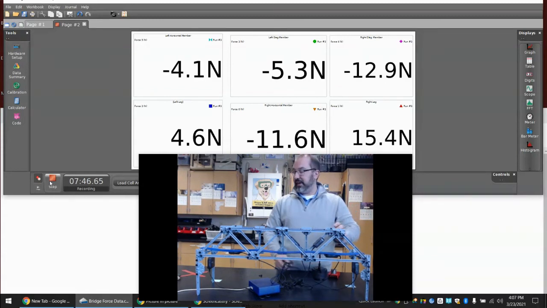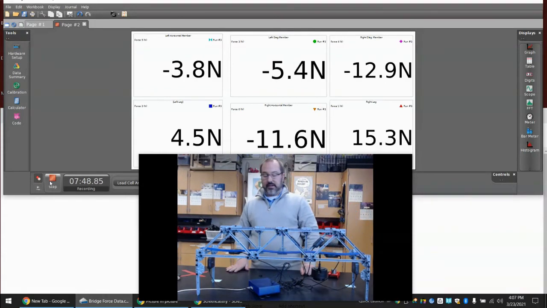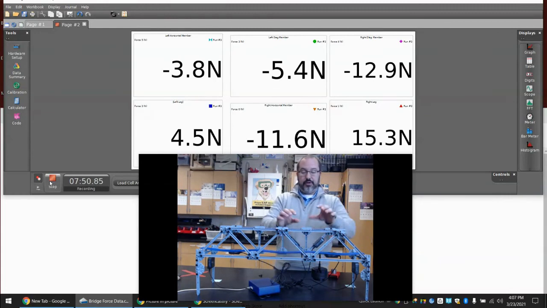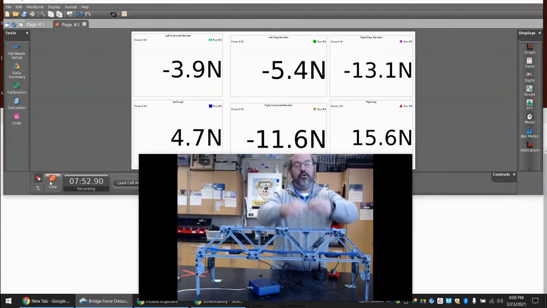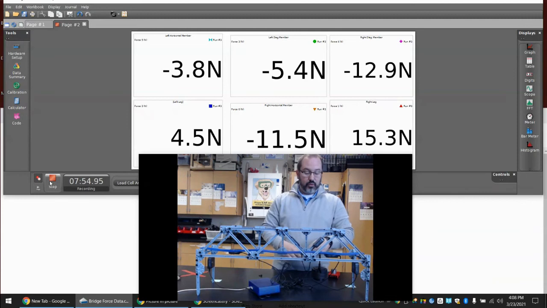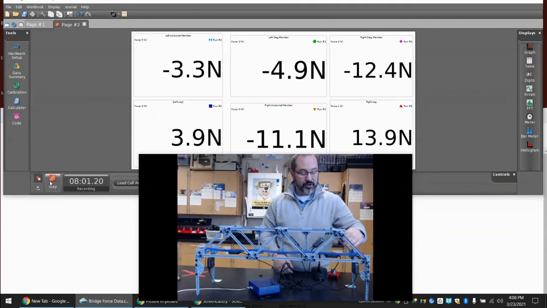And when we do that, we are seeing again that both of these are trying to hold this up while a majority of the force is going across this member to try to get to the outside.